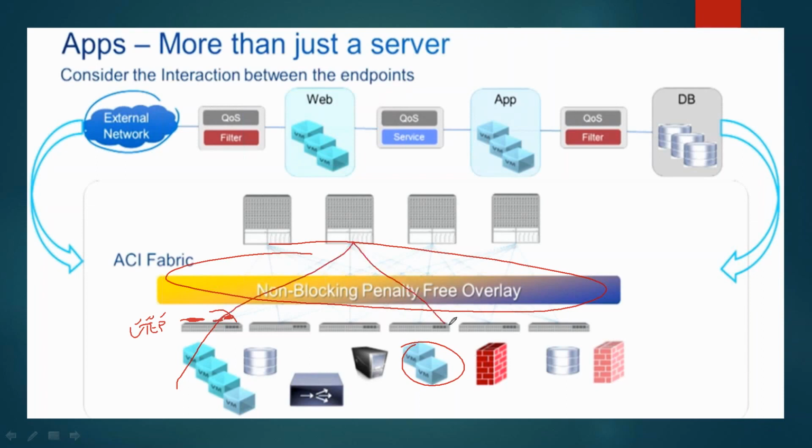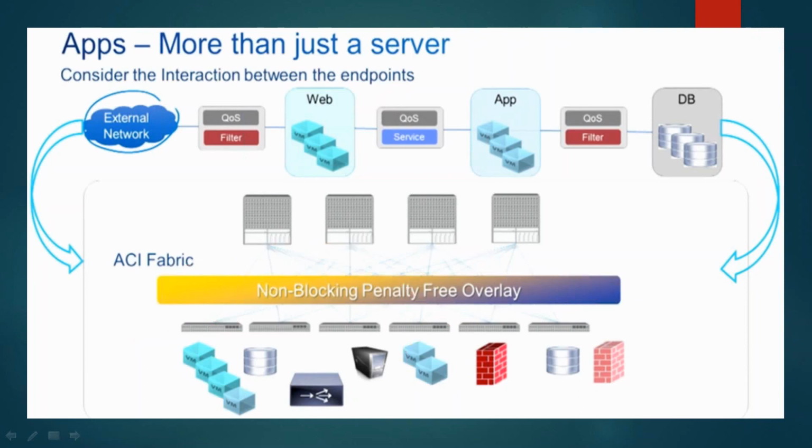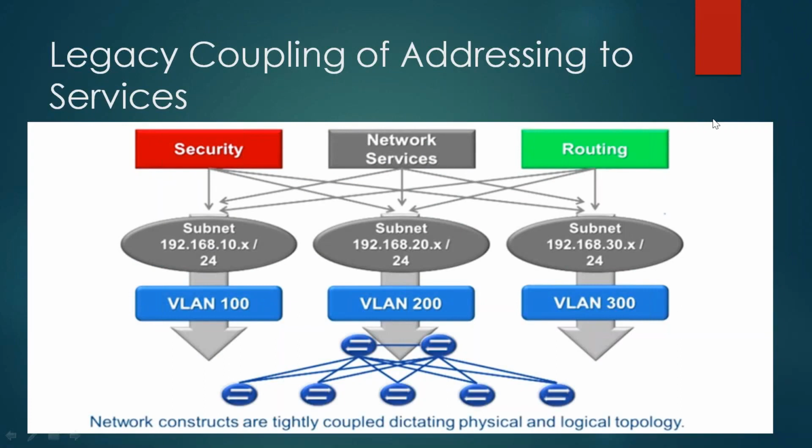from one VXLAN tunnel endpoint to another, they can be non-blocked. They can move freely. And that's the interesting part we have inside the ACI fabric. The other very interesting feature is that the devices are not restricted or tightly coupled with the IP addresses.